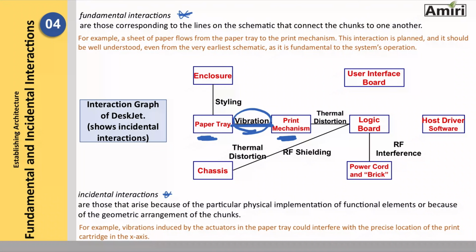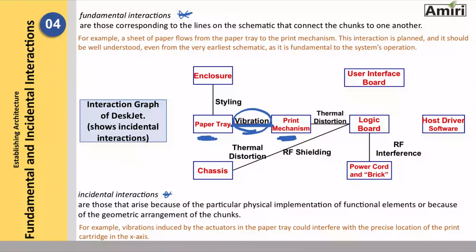For a small number of interacting chunks, if you have less than 10, in this case there were 9, an interaction graph is a convenient way to present the incidental interactions, and this is what we have here, one possible interaction graph for the DeskJet printer.